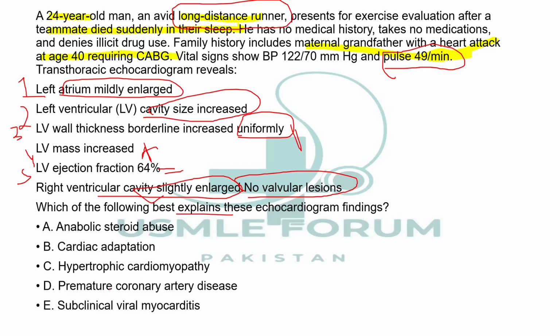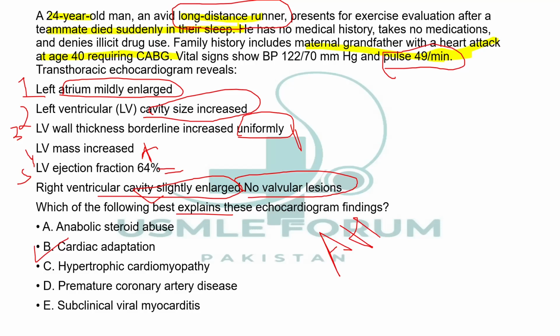You can understand that the answer for this is cardiac adaptation, because cardiac adaptation in the athlete is athlete's heart. So you have to remember AH signifies athlete's heart. This is important for USMLE.